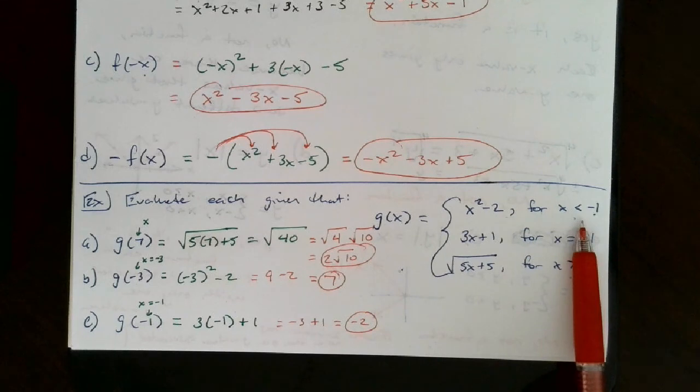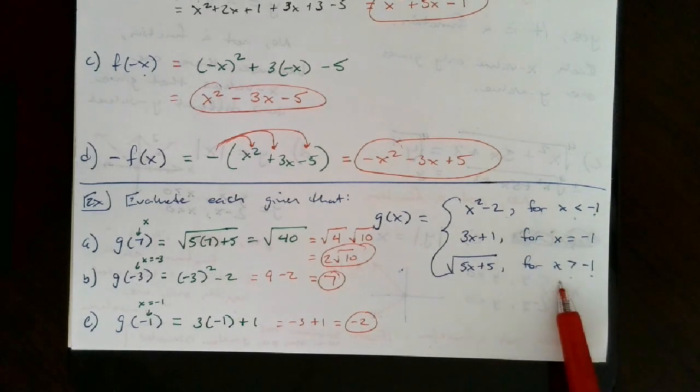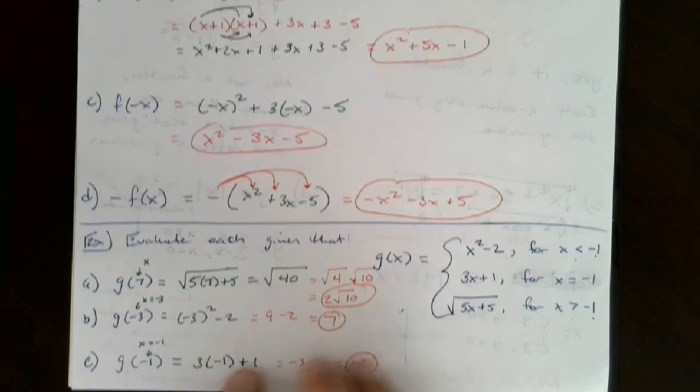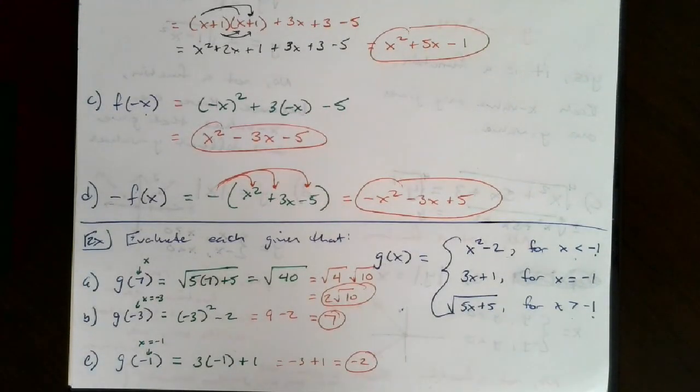X is less than negative 1, x equals negative 1, x greater than negative 1 is telling you which of these to use for where the x values fall. So hopefully this helps the understanding of functions. The function notation is probably the most important part of this last part of the section. In the previous parts where we talked about domain and range, those are important throughout math as well. So make sure that you have a good understanding of this before moving forward.